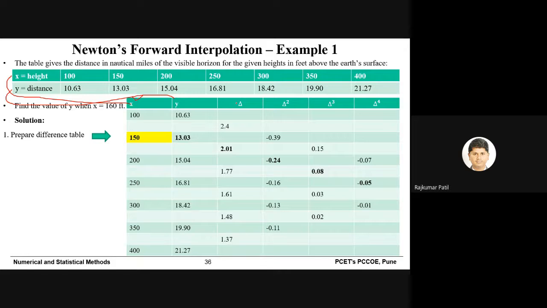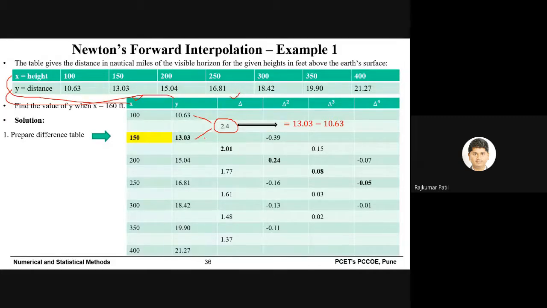Then you need to prepare the column for del. The first del value you can see is 2.4. How is it calculated? It is the difference of 13.03 and 10.63.